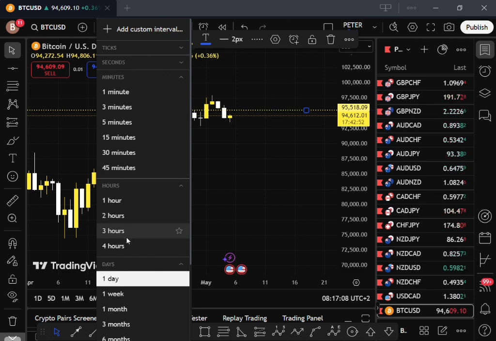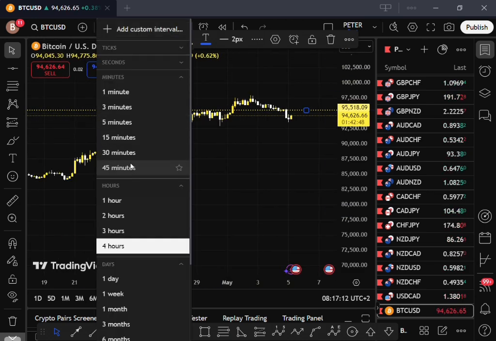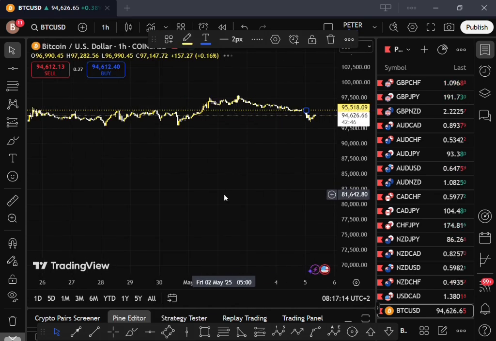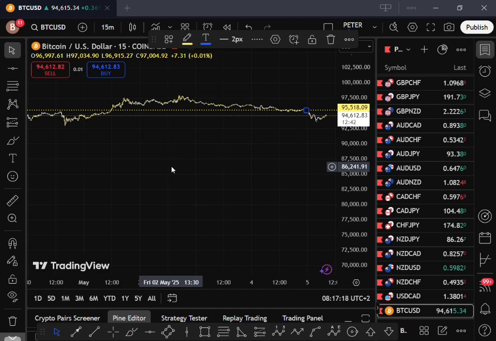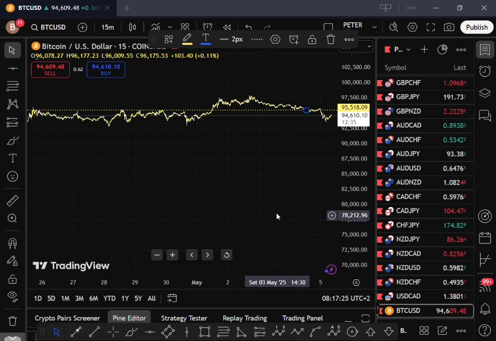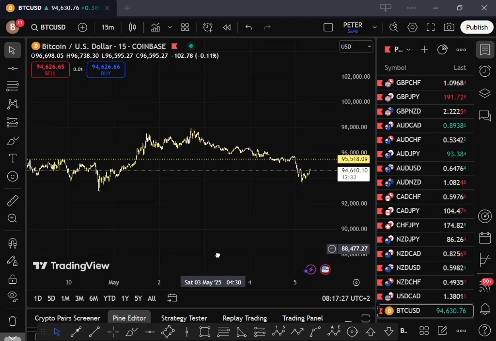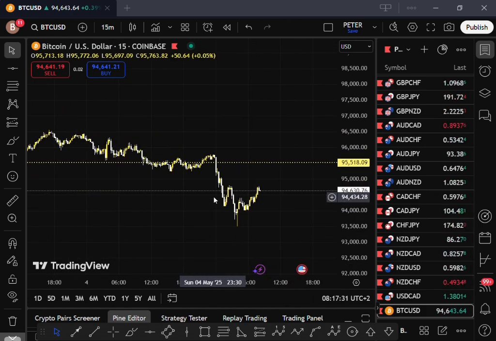That's when we went to 4 hours and we analyzed, and we went to 1 hour. Then we took entry from the 15-minute time frame. I hope you remember this. So as you can see now, I am holding $900 here, which is a good profit from 1,000.